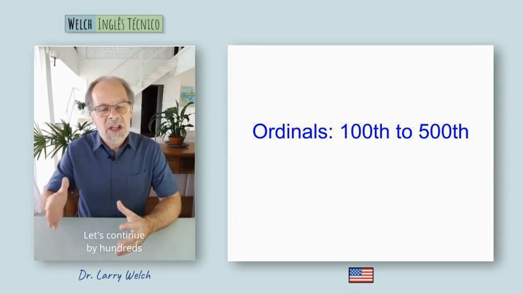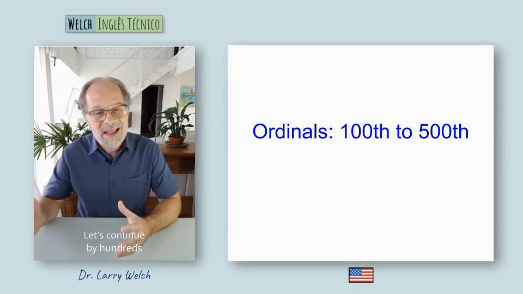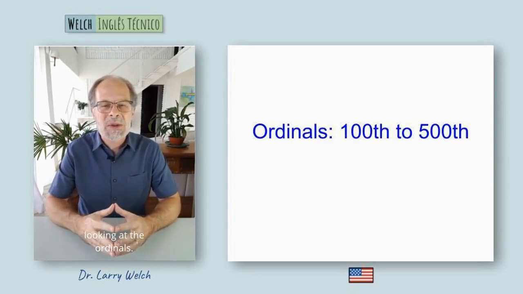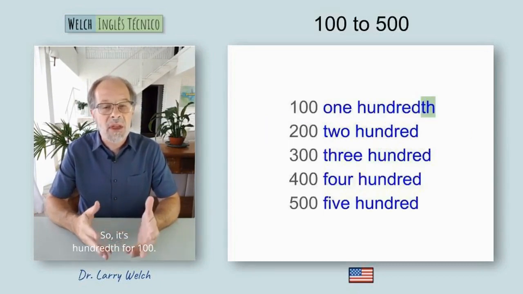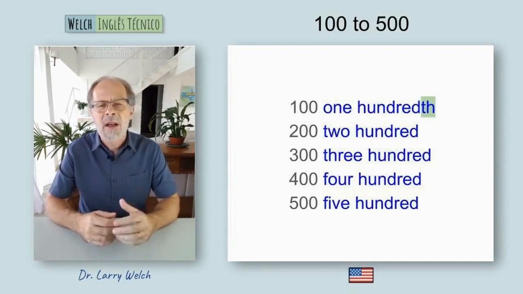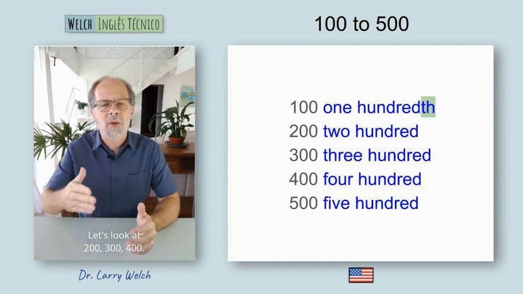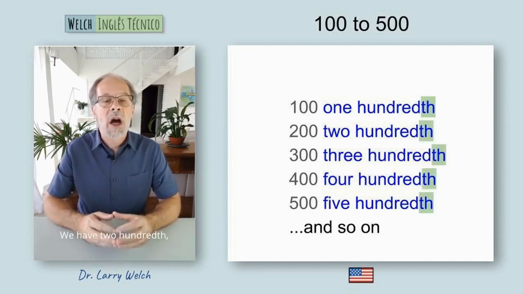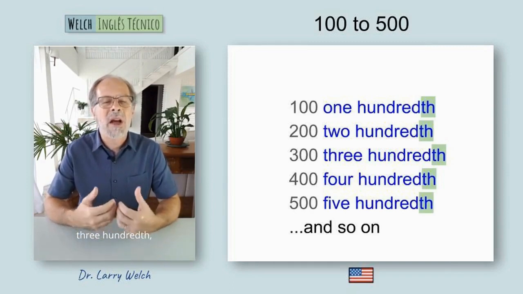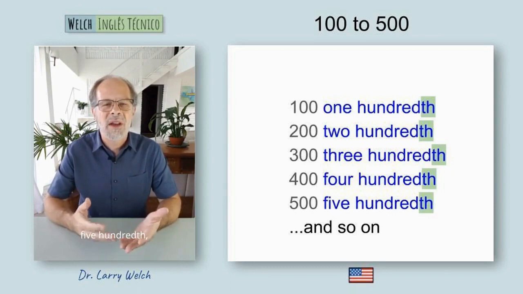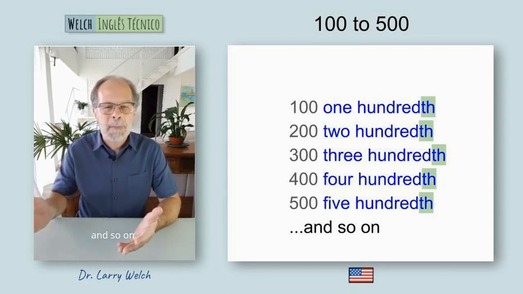Let's continue by hundreds, looking at the ordinals. So it's hundredth for 100. Let's look at 200, 300, 400. We have 200th, 300th, 400th, 500th, and so on.